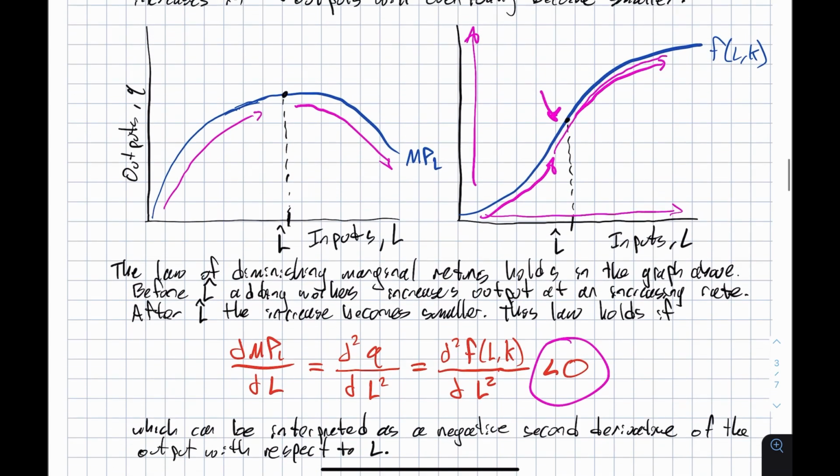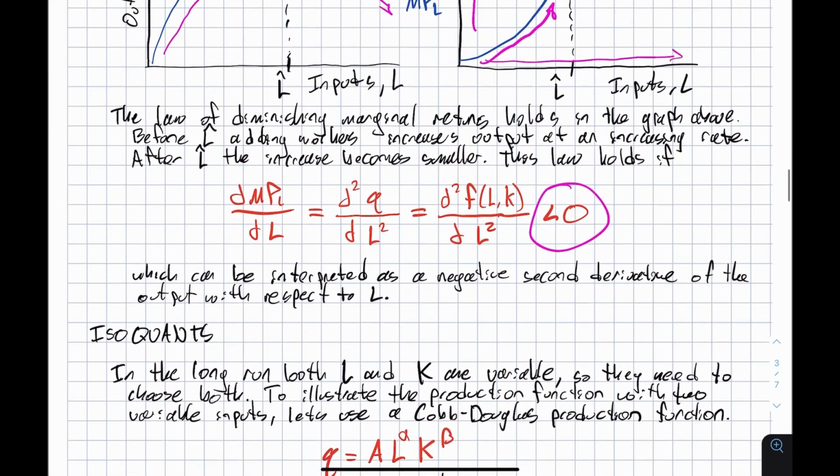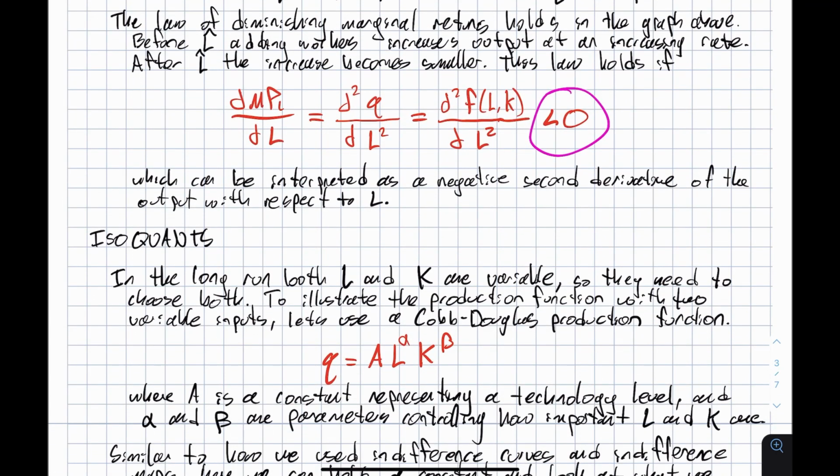And you can see that from the graph here, that at some point after L hat, we start to decrease the marginal product of labor. At any point before, of course, we're still increasing. But after L hat, we start to decrease. So we're basically just saying at some point it's going to be negative.